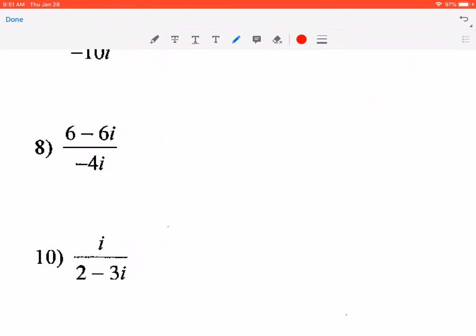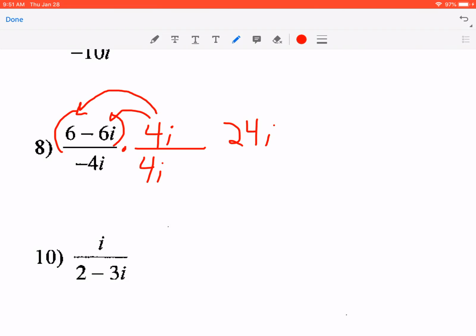So the problem is the minus 4i. So what you use to get rid of it is a positive 4i. Same thing on top. But we're going to have to multiply that by this entire binomial. So that's distributive property. 4i times 6, that's 24i. 4i times a -6i, wouldn't that be minus 24i squared?